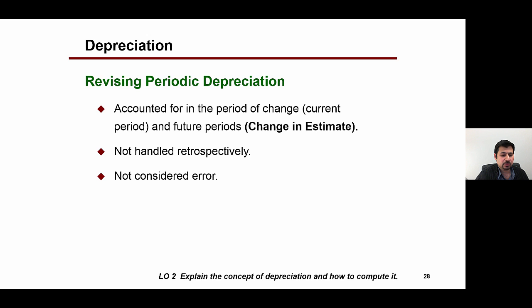So it will change the estimates during that current year and the future years, but does not affect past periods. And this is not considered an error. It's simply called revising periodic depreciation.